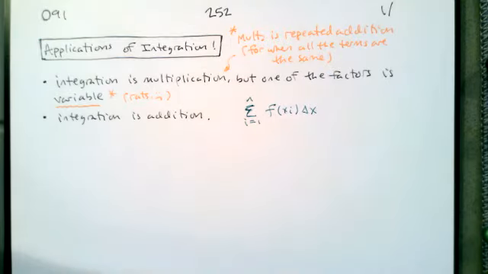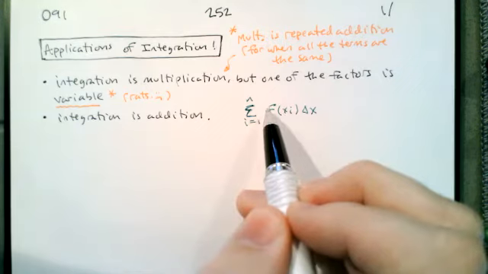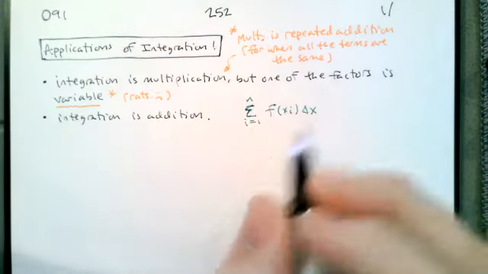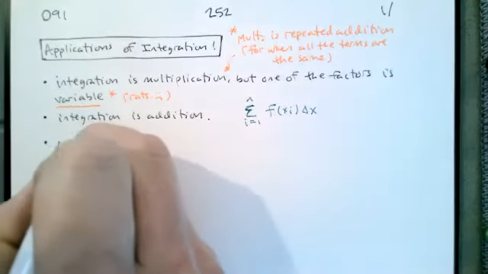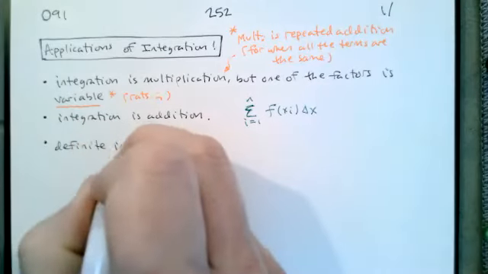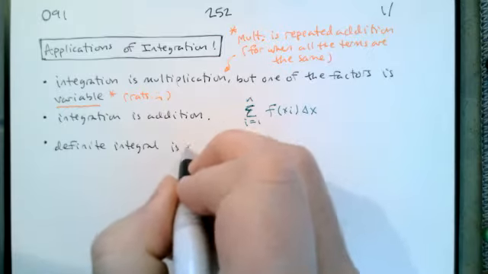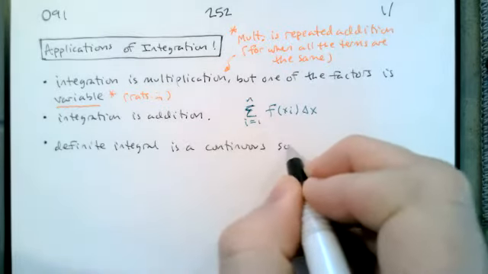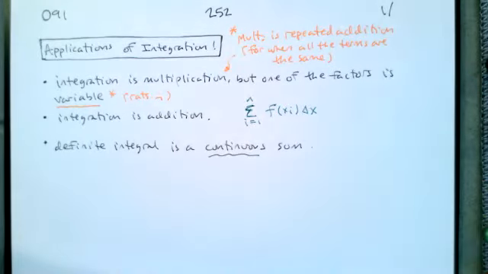The other important thing that goes with integration is that we are switching from a discrete sum to a continuous sum. So the definite integral represents a continuous sum, rather than a discrete sum.